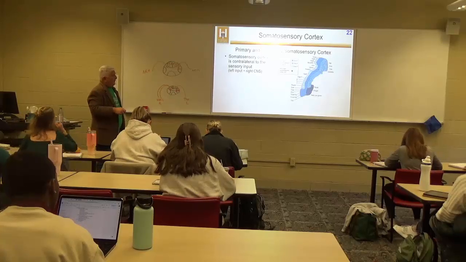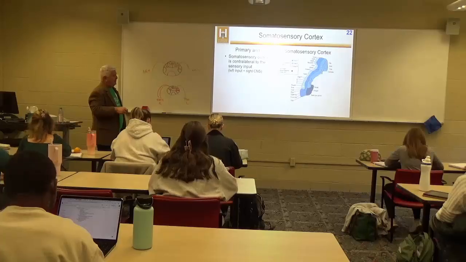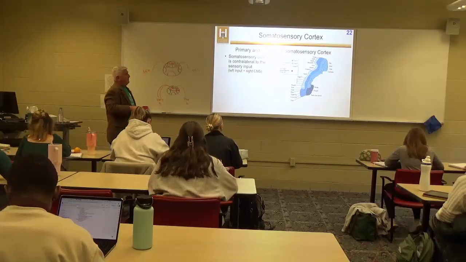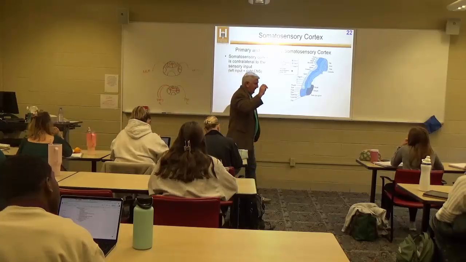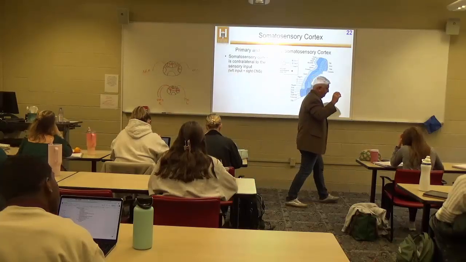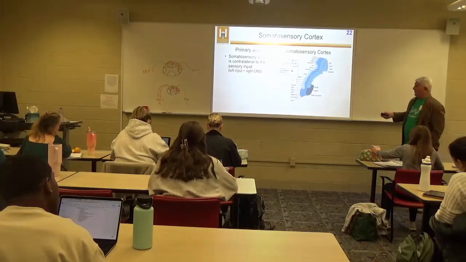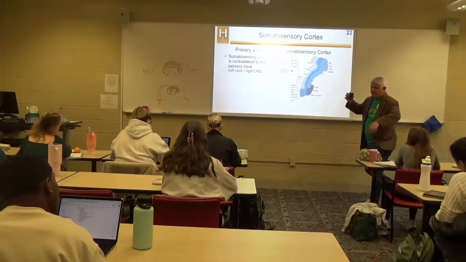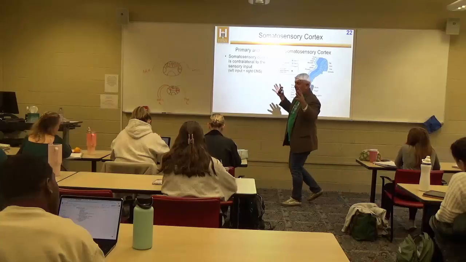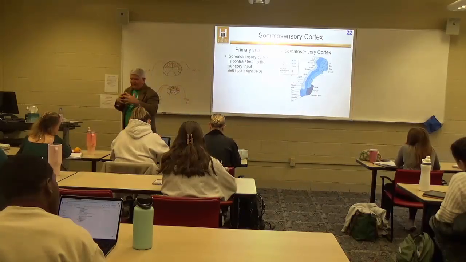Okay, so I'm not really going to get into these different areas, but this primary somatosensory cortex is sort of organized into 3 different areas across each dermatome, and then we have a secondary somatosensory cortex that's sort of combining those incoming signals. That's really the level that I want you to understand.